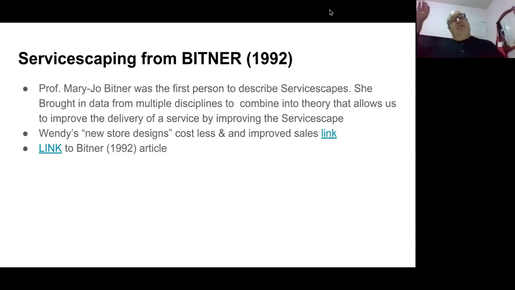But that newer design with a lower cost improves service, bringing 12 to 20% more business because of the improved servicescaping. It simply looks more modern. Some commentators have said it looks more fast casual than fast food. So they've improved the perception of quality.